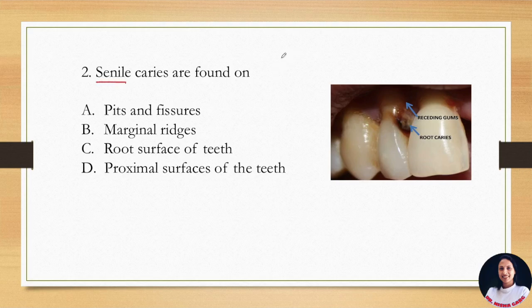Similarly, senile caries are commonly seen in old age, because at this age gingival recession is a common finding. So these exposed root surfaces, caused by gingival recession, become more prone to dental caries. So we can say that senile caries are commonly found on the root surfaces of the teeth. So option C is the correct answer.